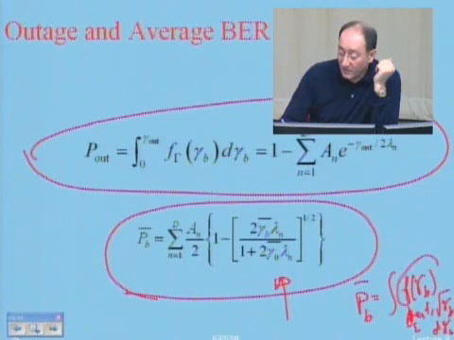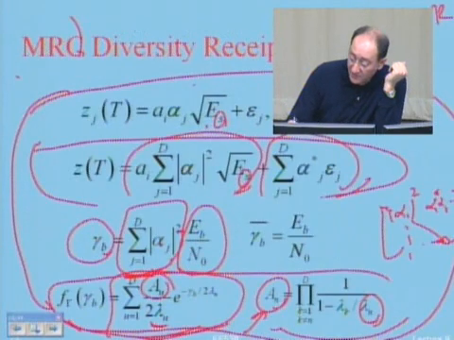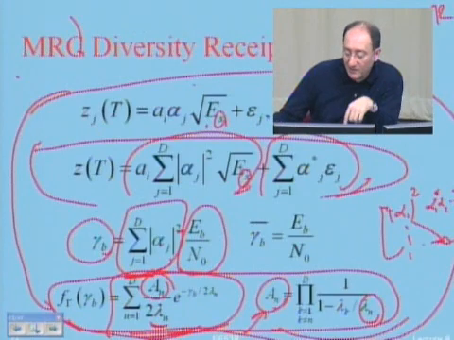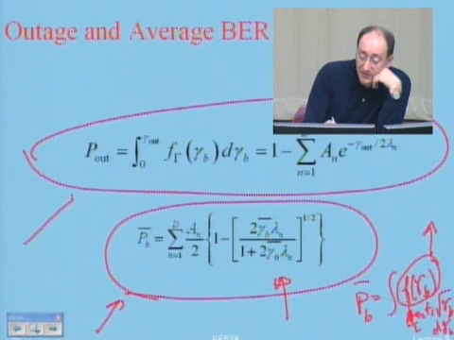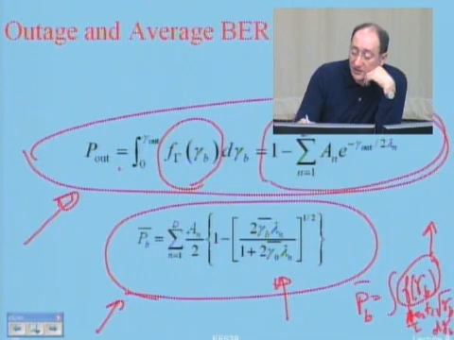What is this f of gamma? That's the same gamma function that I had in here, this one. Now you get this and plug it into this equation, I'm going to end up with this. And if you plug it into the equation for probability of outage, I end up with this thing.